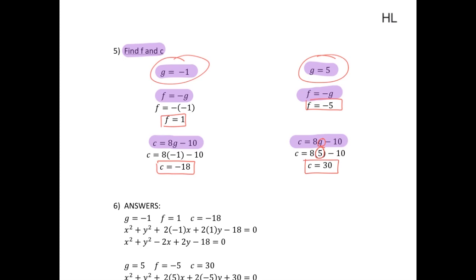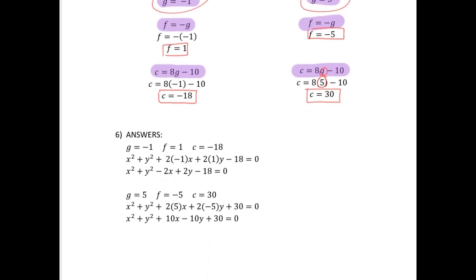Now we can write out our final answers. For when g is minus 1, f is 1, and c is minus 18, we fill in those values and get x squared plus y squared minus 2x plus 2y minus 18 equals 0.